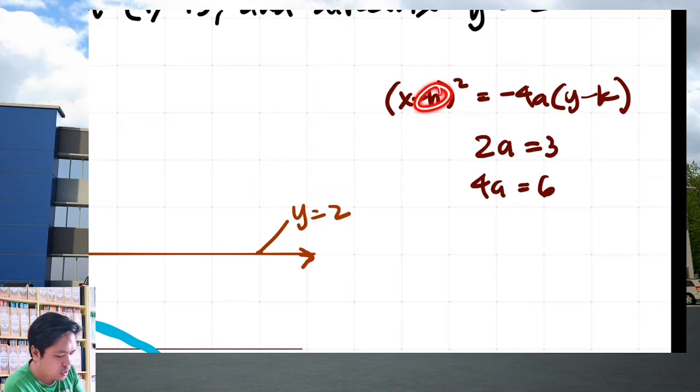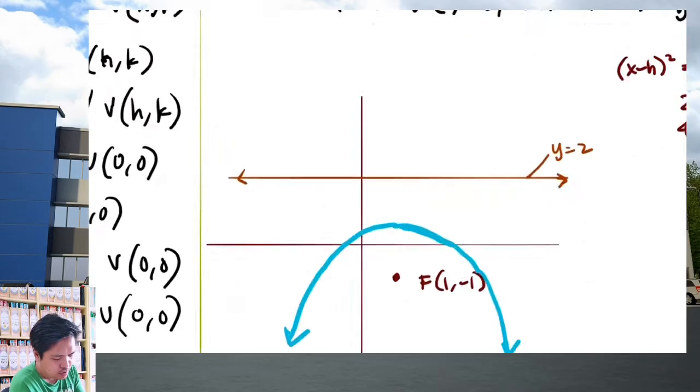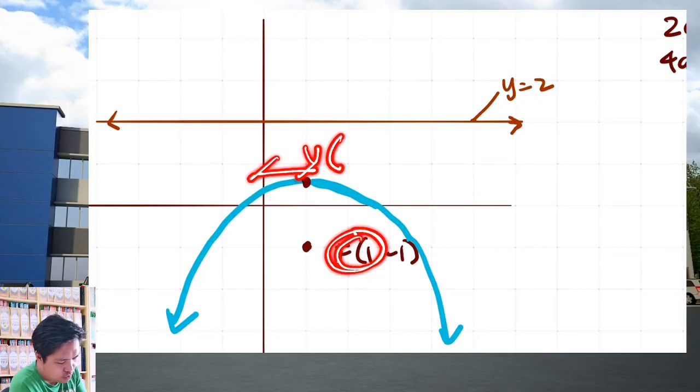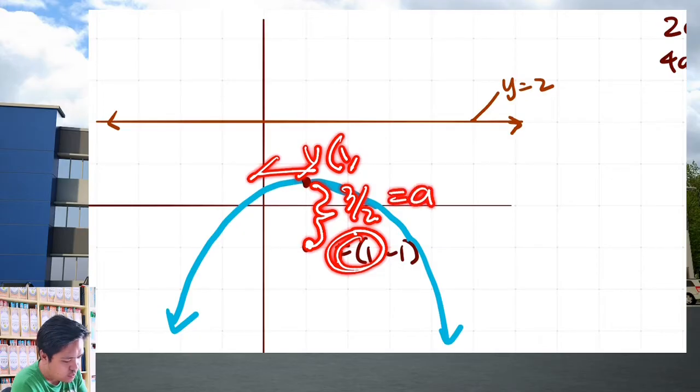Now, to locate h and k, sa graph na lang tayo titingin. Of course, the location of the abscissa, that is still the same with the focus. So therefore, the abscissa is just 1. Then the ordinate, that will just move from this point upward by 3 halves, because remember, 3 halves is a.